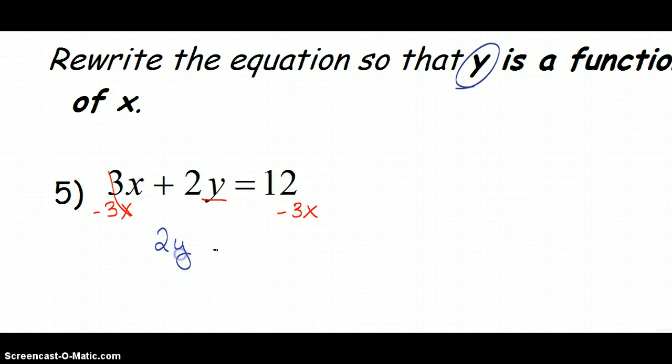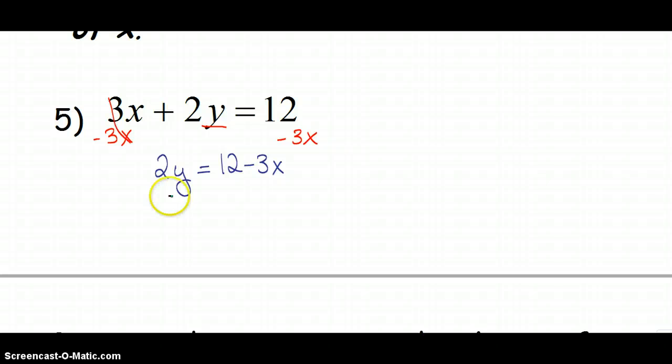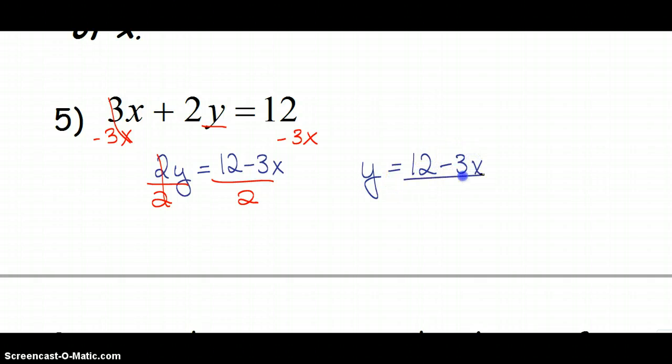Now I have 2y is equal to 12 minus 3x. Now I'm going to divide both sides by 2. So my final answer is y is equal to 12 minus 3x divided by 2.